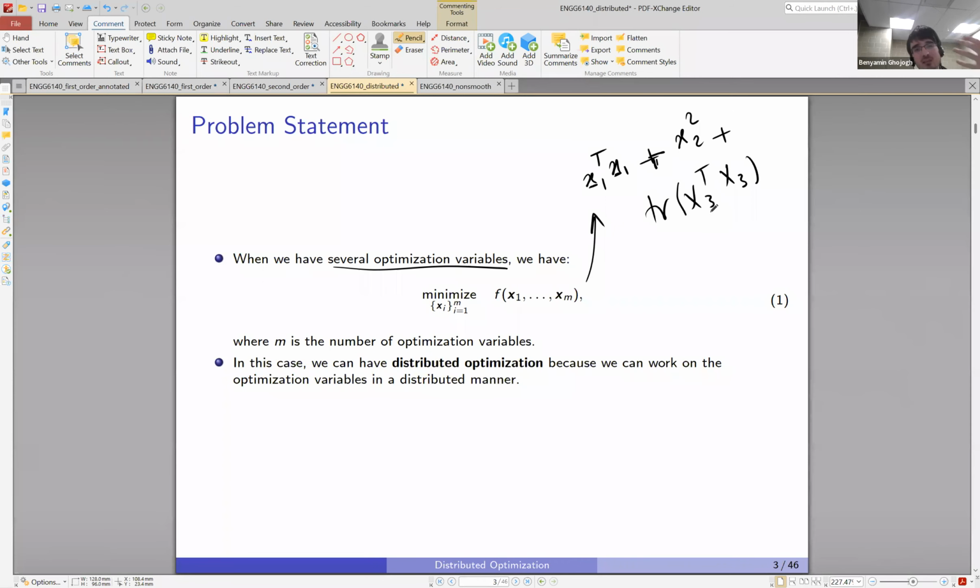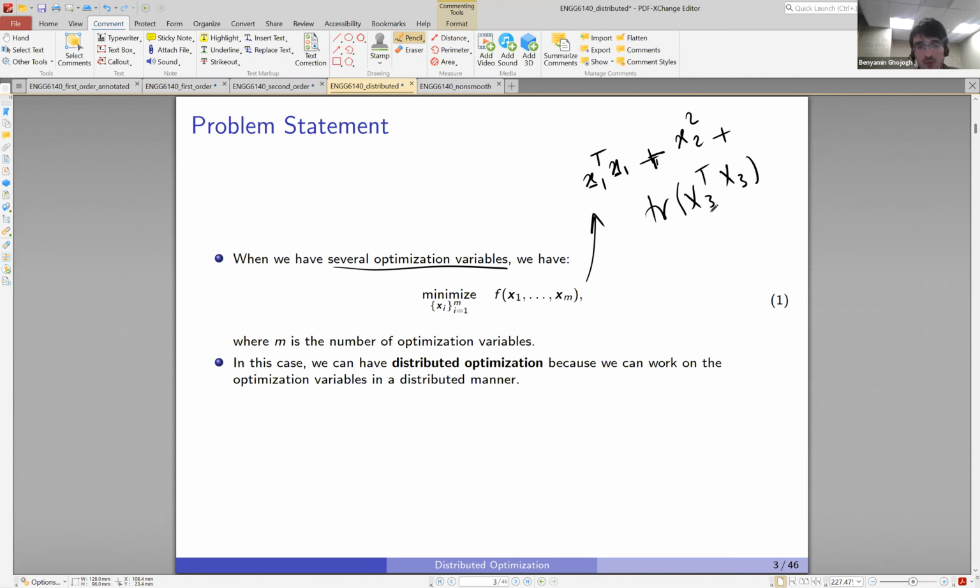Assume you have a set of several optimization variables. We can distribute our optimization algorithm among these variables. And that's an interesting thing, right? Why? Because nowadays we need to make everything parallel.